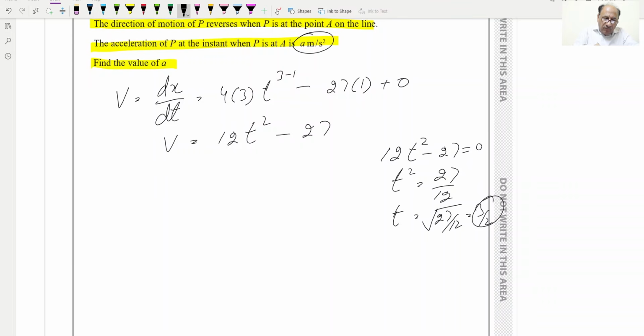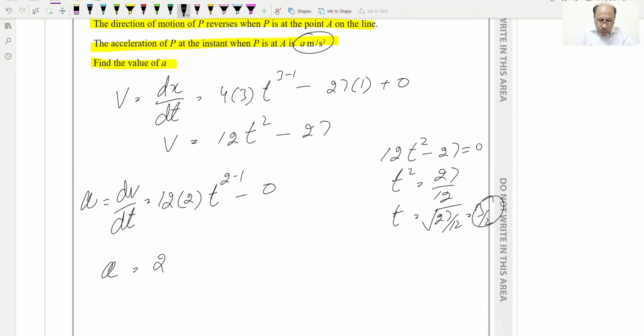So now we will find the acceleration, which will be dv over dt. Again we take the derivative of this equation, and this will be 12 into 2 and t raised to the power 2 minus 1, and the constant's derivative will be 0. So acceleration will be equal to 24t, and we can replace this t value.